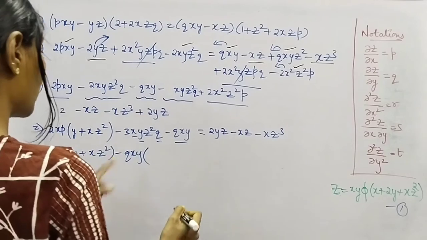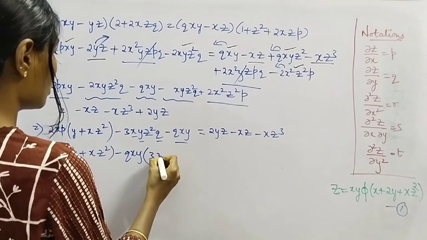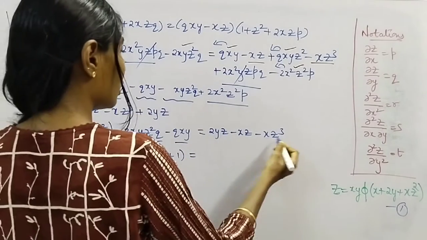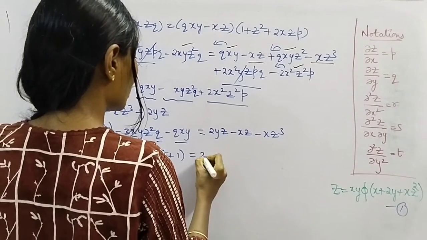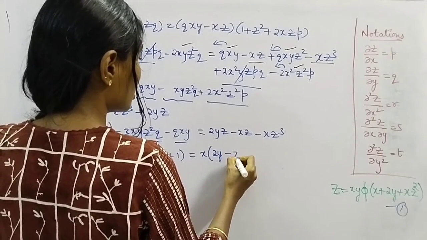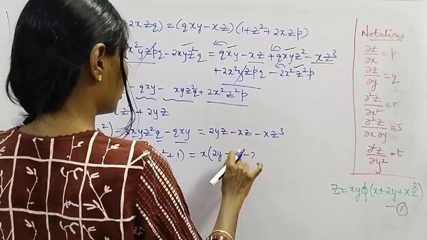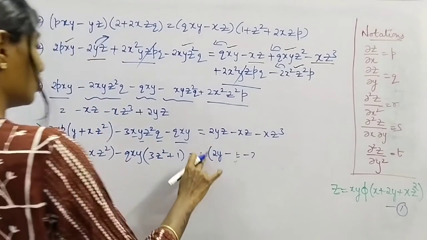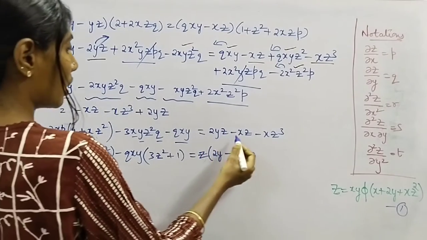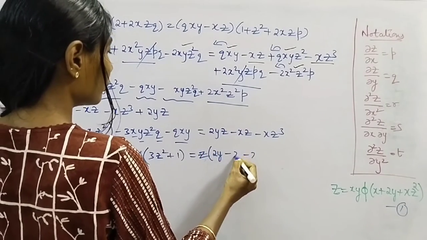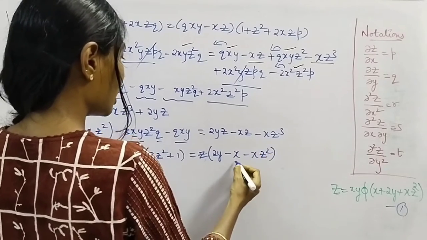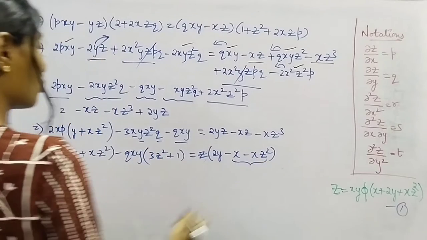We'll get minus qxy times (3z square plus 1) equal to, here we can take z common from all these terms, right? You'll get x times 2y minus z minus, here we took z common, right? We'll get z times 2y minus x minus xz square. Again you can take x common from these 2 terms.